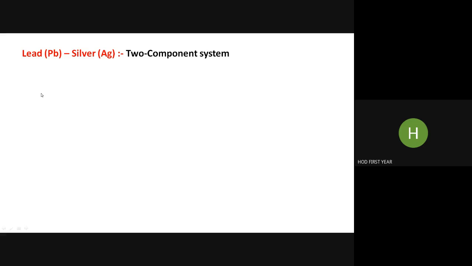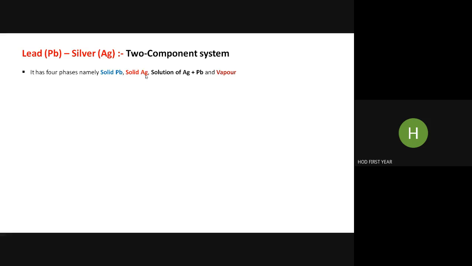Now, this is our third question. What is a two component system? Describe the lead silver system with respect to the condensed phase diagram. When we talk about lead silver, we have four phases. How four phases? First is obviously solid lead, its original physical state at room temperature.